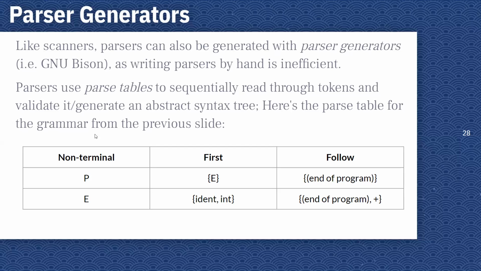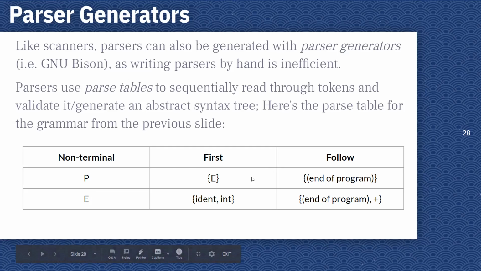So here's the parse table for the grammar from the previous slide. And I think you guys can see how the grammar from the previous slide maps to this parse table. Given a non-terminal p, we map to the other non-terminal e.